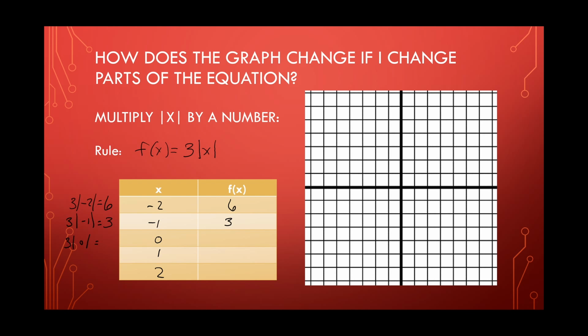Zero stays 0, and 0 times anything is 0. 3 times 1 is, hey, we've already started reflecting, so I bet you I can tell you what the last one is without even calculating it. 6, right?